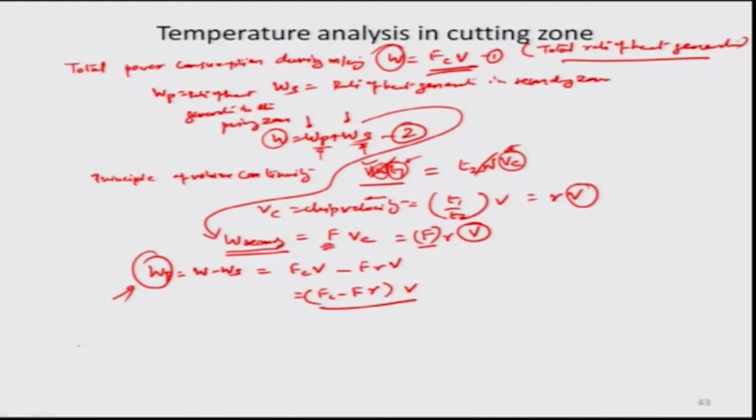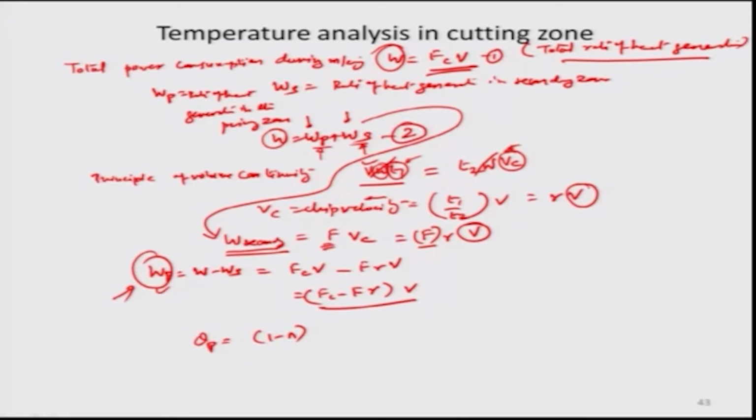So once we have calculated the Wp and Ws, let us see what is the impact in terms of temperature or the surface temperature. When a material particle moves across the primary deformation zone, the temperature rise, theta p, would be given as the fraction of the primary heat that is lost into the workpiece.